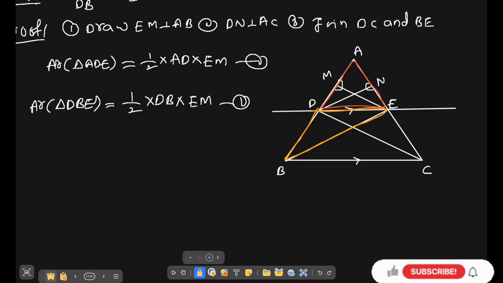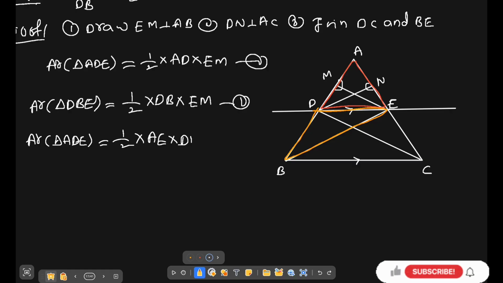Now again let's find the area of triangle ADE, taking AE as the base. So half into AE, and when you take AE as the base, DN will be the height. Let this be equation 3.